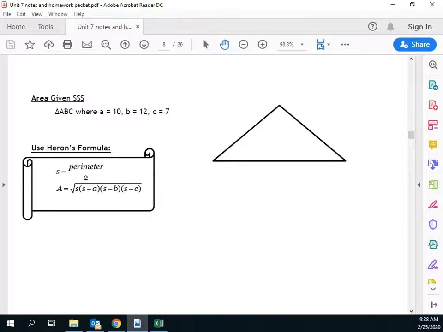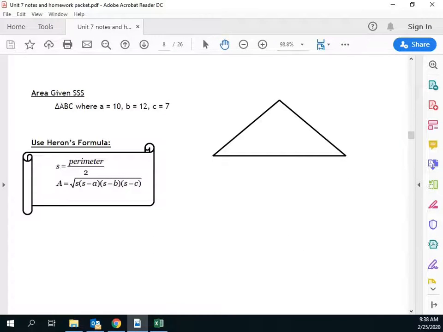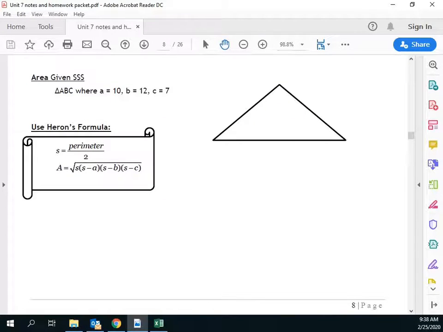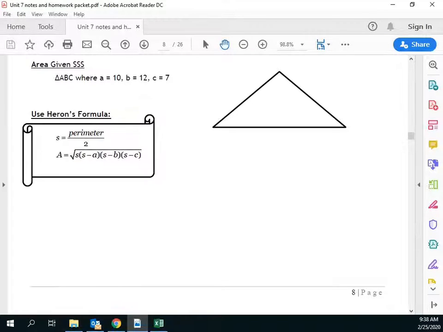All right, finally we get to the last one, which is the last thing talking about area. Now, interesting about the area with law of cosines. Again, it only works with one special case scenario, and that is where you're given all sides. If you're given all lengths of the sides, you can use those two formulas together.